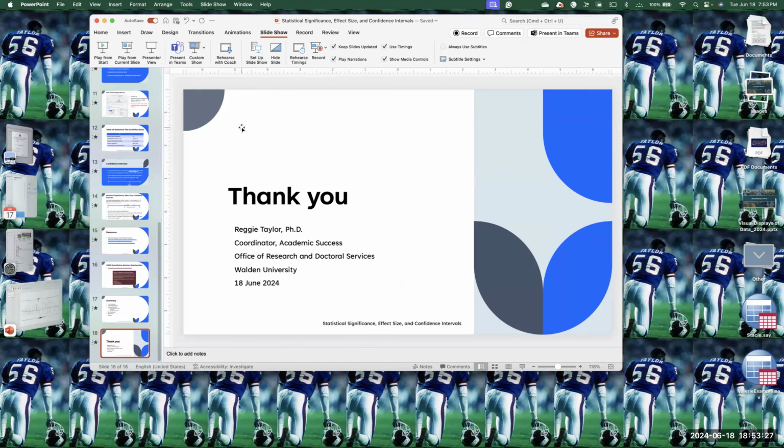You may say, I read an article by such and such, and they reported significant results, but there wasn't a measure of effect size reported. Or if effect size and confidence intervals are reported, make sense of that. You're discussing this literature in the context of what you're doing. You're not just reading an article and regurgitating what you read.